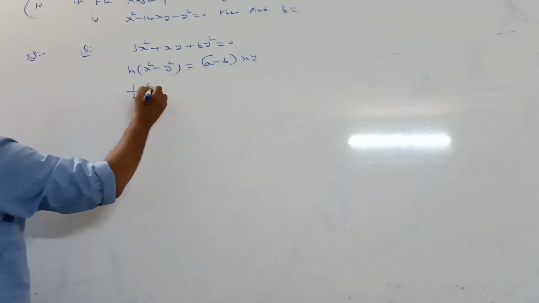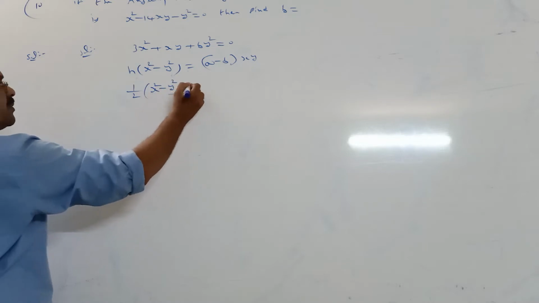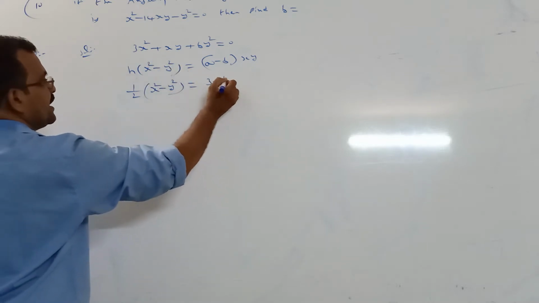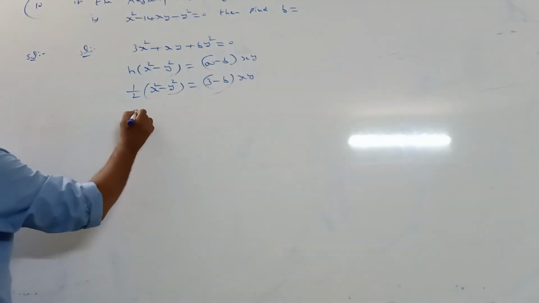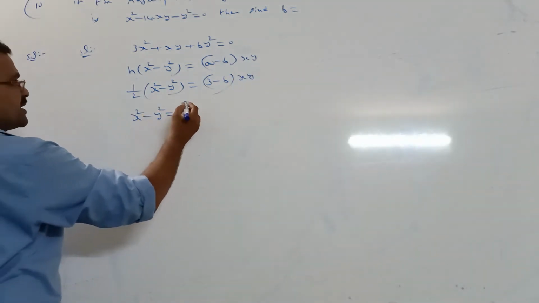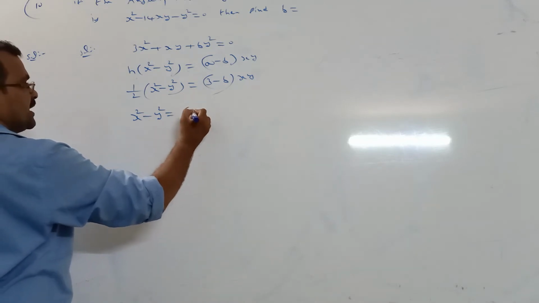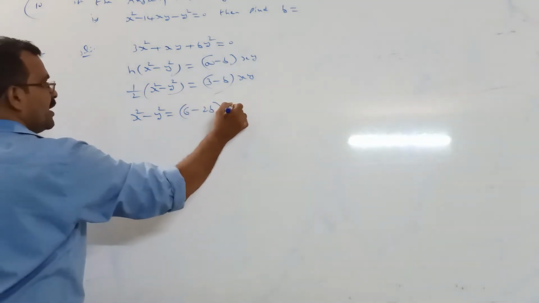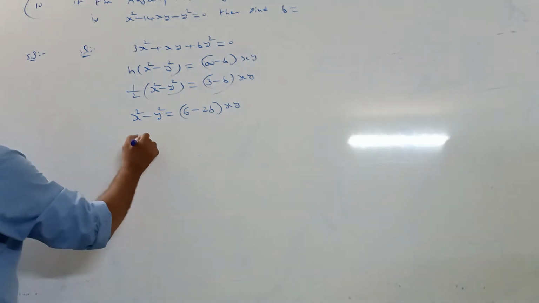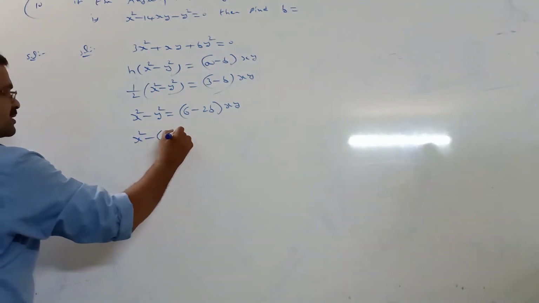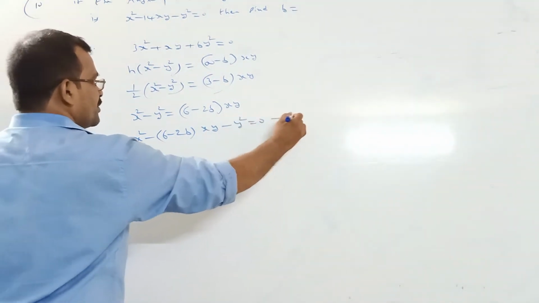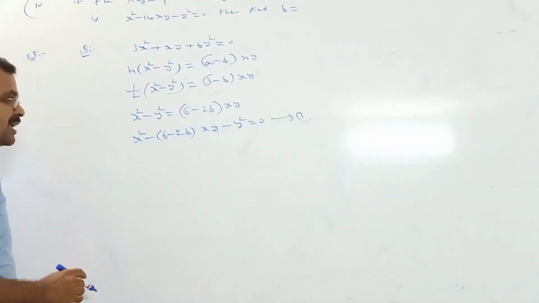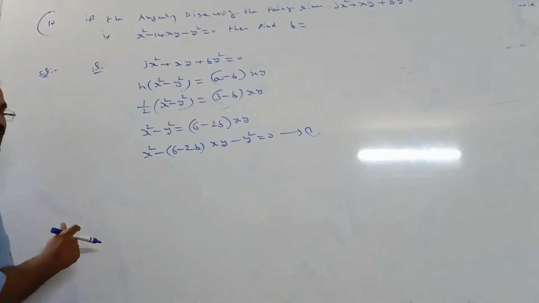Here 2h equal to 1, so h equals 1 by 2. 1 by 2 into (x square minus y square) equals (3 minus b) into xy. Do the cross multiplication: x square minus y square equal to (6 minus 2b) into xy. So obviously x square minus (6 minus 2b) xy minus y square equal to 0. These are the angular bisectors of the given pair of lines.